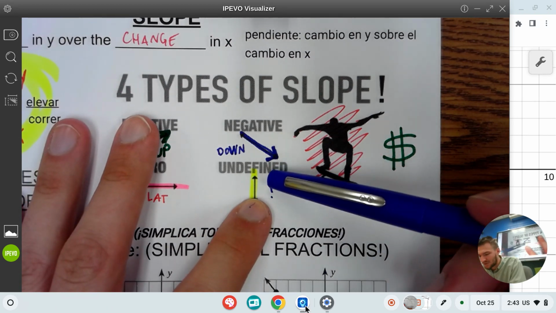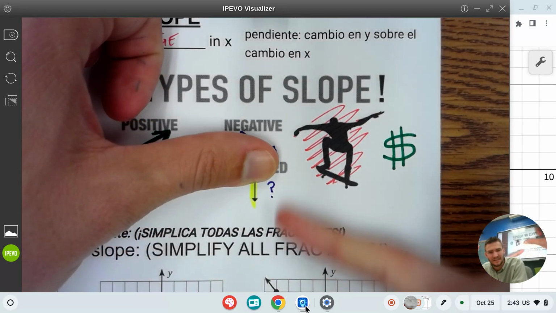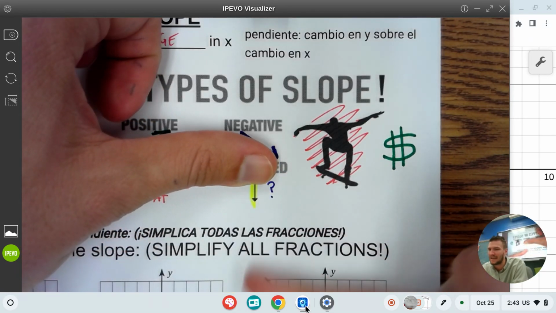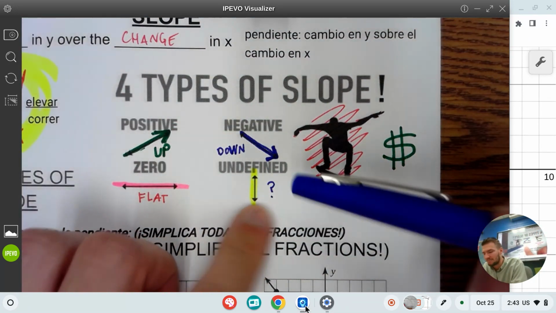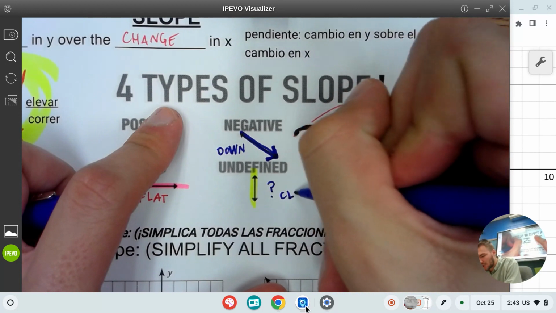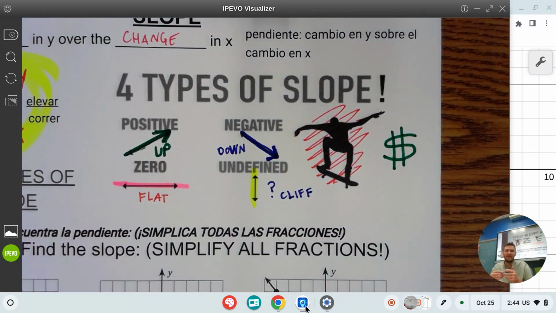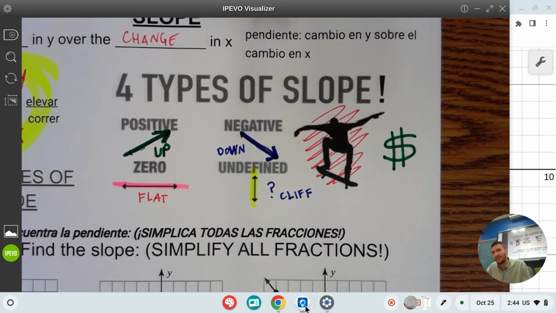If it's straight up, I guess that's good, but it also looks like it's straight down, and that's not good either. Undefined is just weird. That's why we call it undefined. I'm going to write the word cliff, like the cliff of a mountain or the cliff of an edge. That's the word that I like to use. Now, I'm going to show you one more thing.